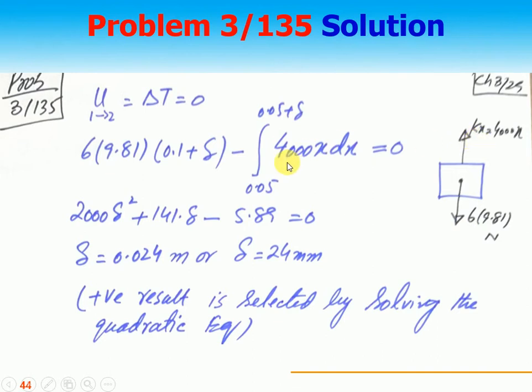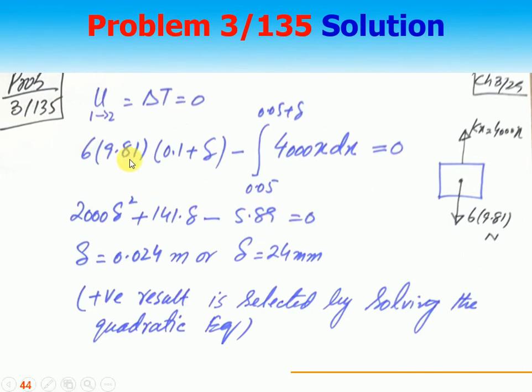It is 4,000 x into dx, moving from 0.05, the initial displacement, to 0.05 plus delta, the final displacement, and that is equal to 0. If you simplify, we get a relationship in delta square. We get the value of delta as 0.024 meter or 24 millimeters. When you solve the quadratic equation, you take the positive value of delta and you get this.